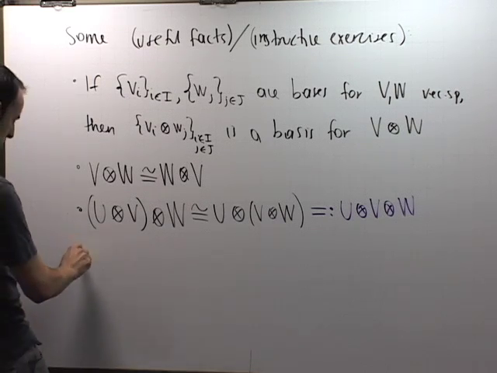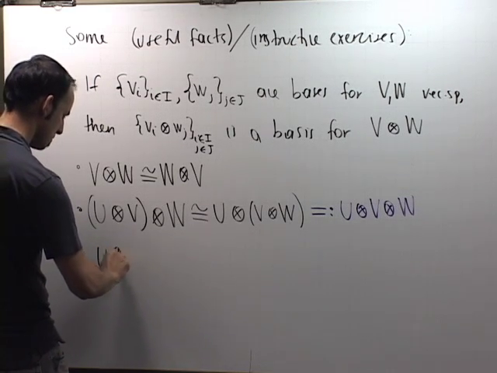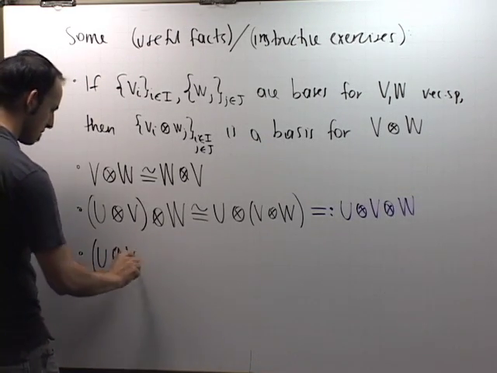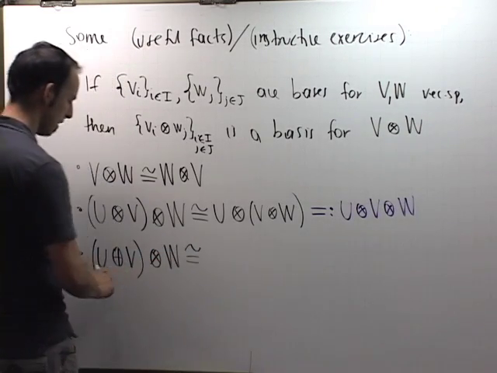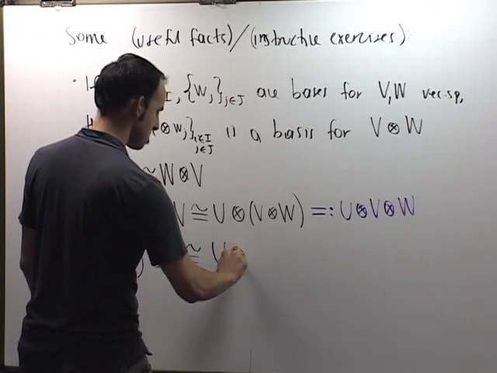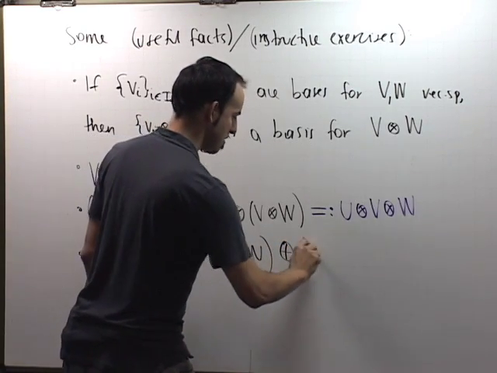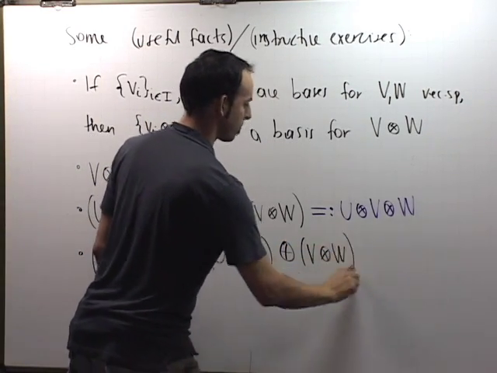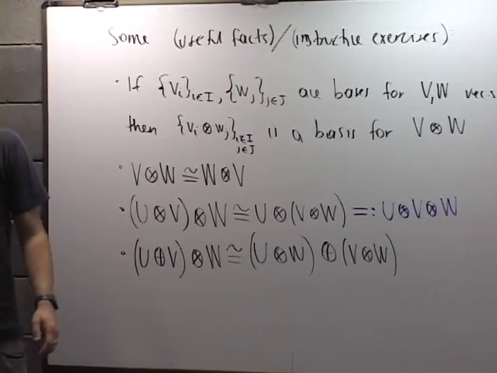Another one is that if you have a direct sum tensor something, you can have the distributive property, plus V tensor W. And again, these things are true whether you think about it in k vector spaces or in k algebras.